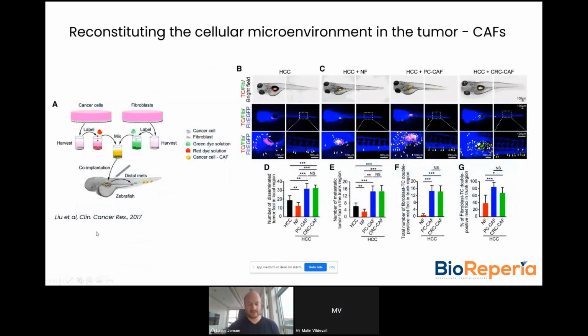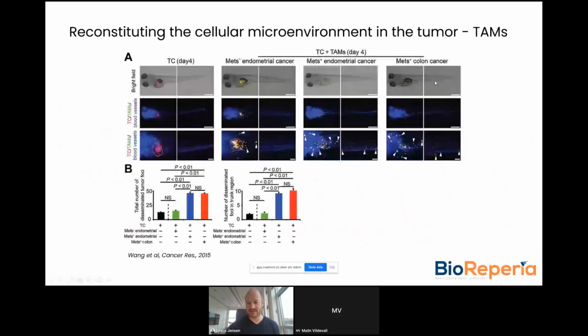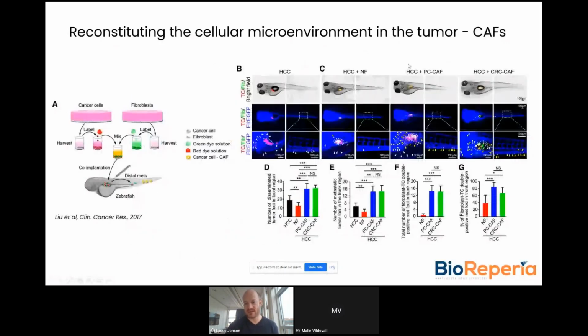In one example, Liu et al. demonstrated that fibroblasts can recapitulate the pro-tumorigenic aspects of carcinoma-associated fibroblasts, or CAFs, by mixing different types of tumor cells. For example, in this case, hepatocellular carcinoma tumor cells with CAFs derived from either a prostate cancer or a colorectal cancer.